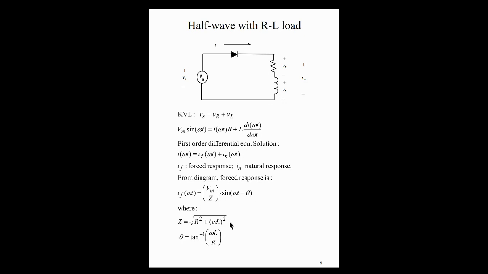So we know how to calculate our impedance. It's just given by the square root of the square of our resistance and the square of 2 pi FL, so 2 pi F is our omega part of this expression.